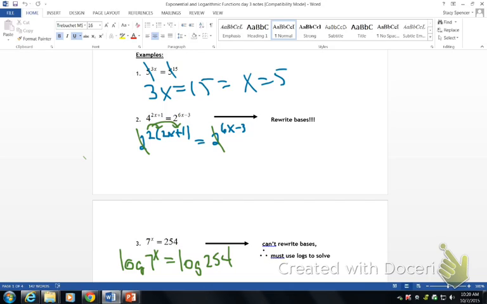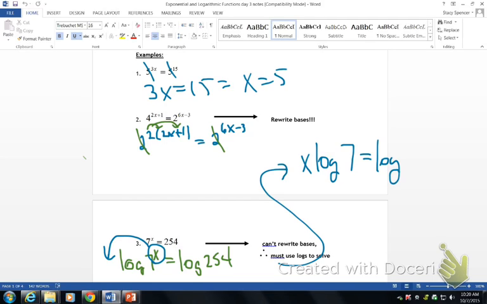And what does that enable us now to do? What are we going to do with our power? Bring them to the front. We're going to use our power property and move it to the front. Exactly. So that's going to give us x times the log of 7 equals the log of 254.